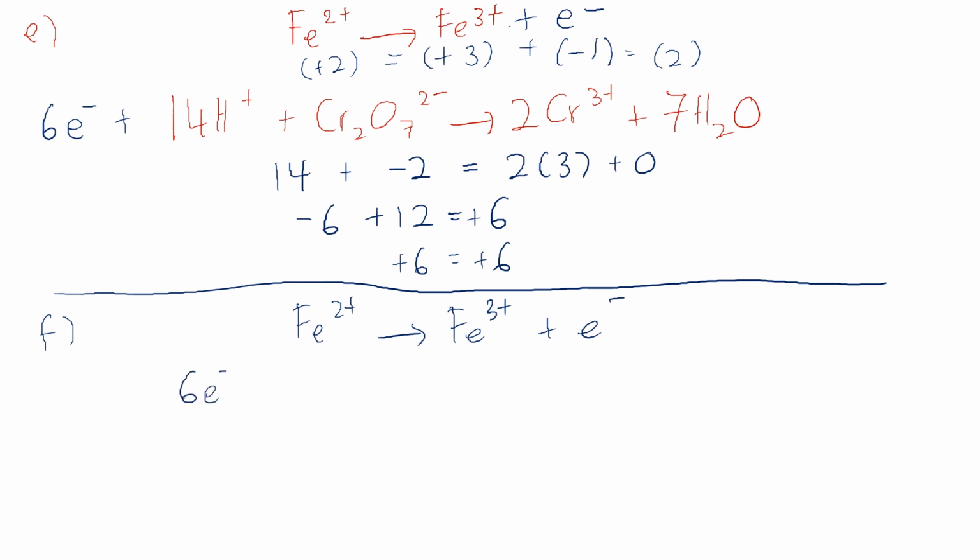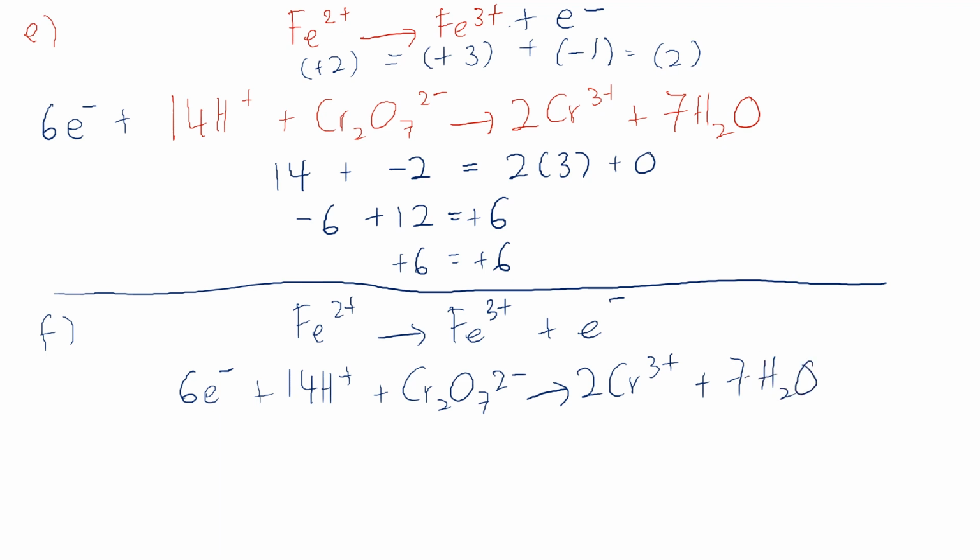And 6 electrons plus 14 H plus plus Cr2O7 2 minus produces 2 Cr3 plus and 7 H2O. Sorry, my mistake. We have 6 and 1, so to make them the same, this one times 6.